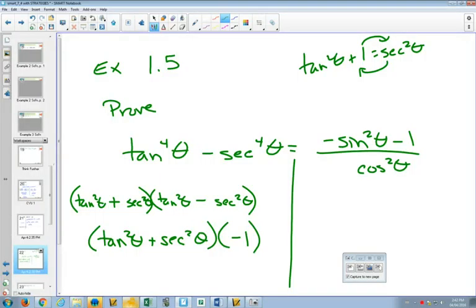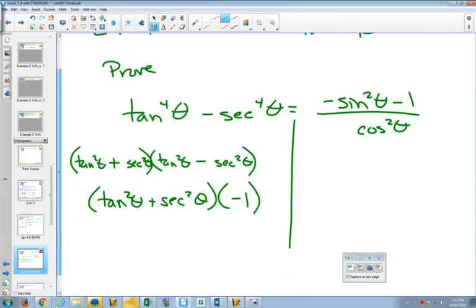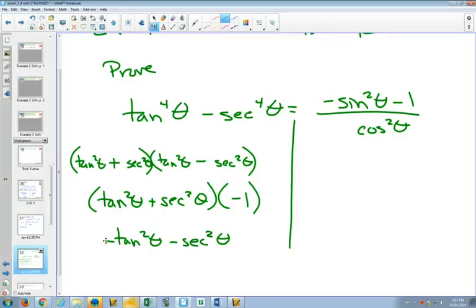That makes our life a lot easier. Because this is the same as negative tan squared theta minus secant squared theta. So now we've simplified it, at least we're down to squares at this point.